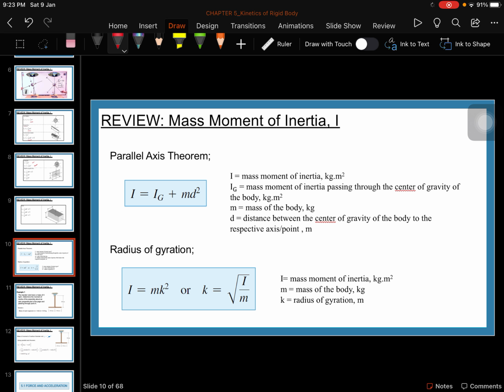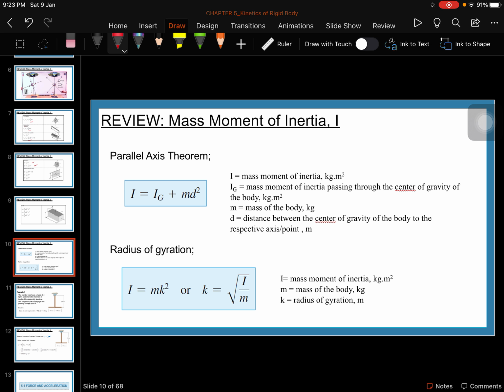We will also use this formula: I equal to Ig plus md square, where I is the mass moment of inertia, Ig is the mass moment of inertia passing through the center of gravity of the body, m is the mass of the body, and d is the distance between the center of gravity of the body to the respective axis or point.